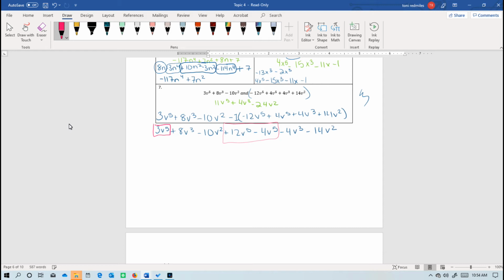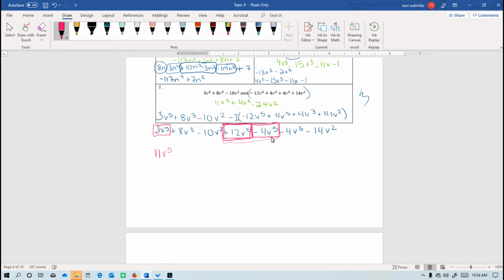So that's going to be 3 plus the 12, which is 15, minus the 4, which is going to give me a positive 11v to the fifth. All right, so that's all of these terms.